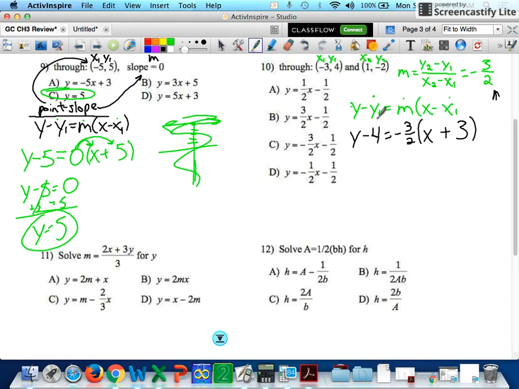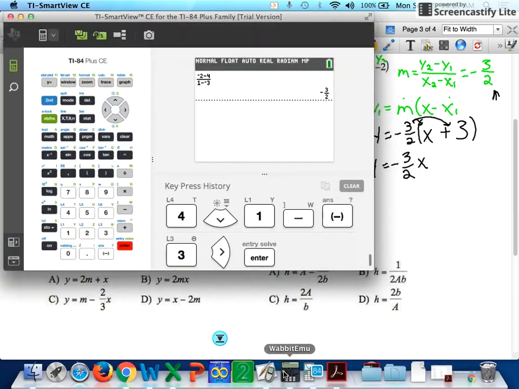Again, before I can move this 4 around, I've got to do this distribution. So I'm taking this -3/2 and distributing it in. I have y minus 4 equals -3/2 x, because this would be -3/2 times a 1, which is just -3/2 x, plus, or actually minus, because this is a negative, but I'm going to just let my calculator solve that for me, guys. I've got -3/2 was my last answer.